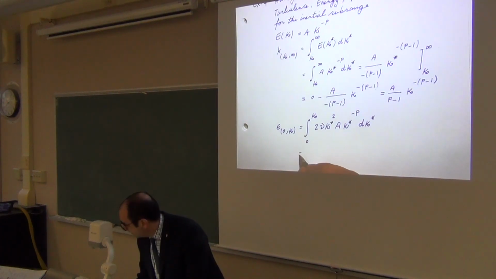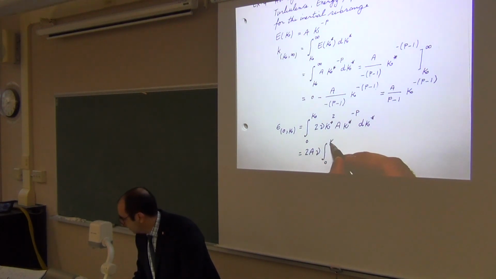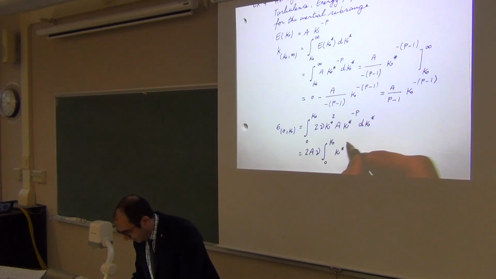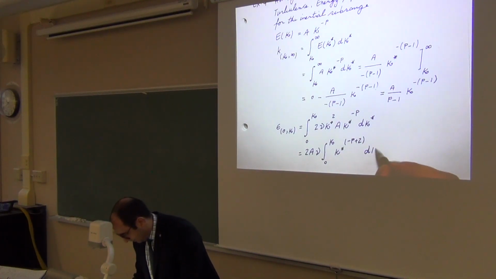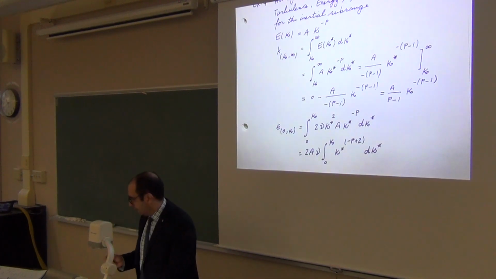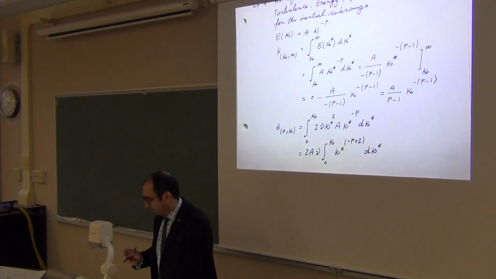So I bring the constants out of the integral from 0 to kappa, and I'm left with kappa star to the power of minus P plus 2, d kappa star, and again I know how to perform this integral.